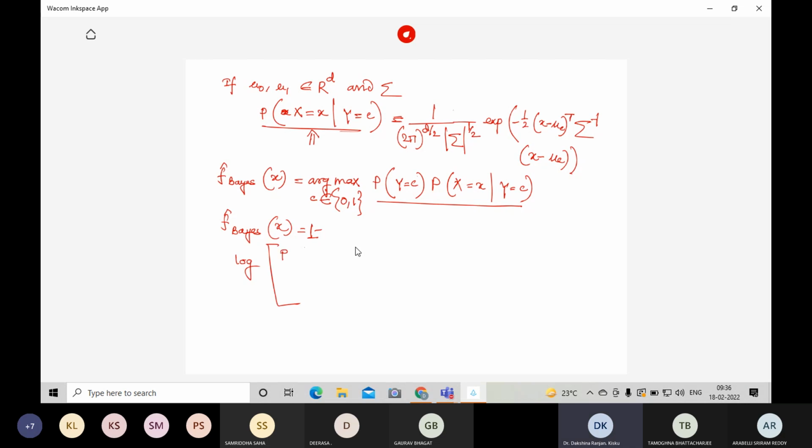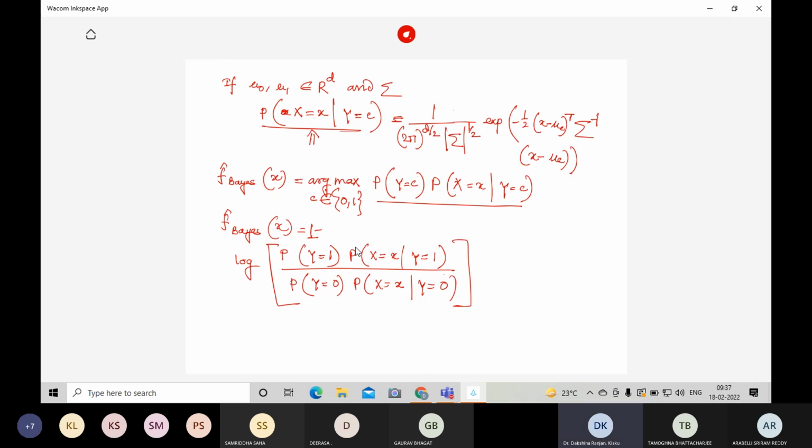So for the log likelihood ratio, we can write log of probability of x equals small x given class information, the positive class 1, divided by probability of x equals small x given class information, the negative class 0.